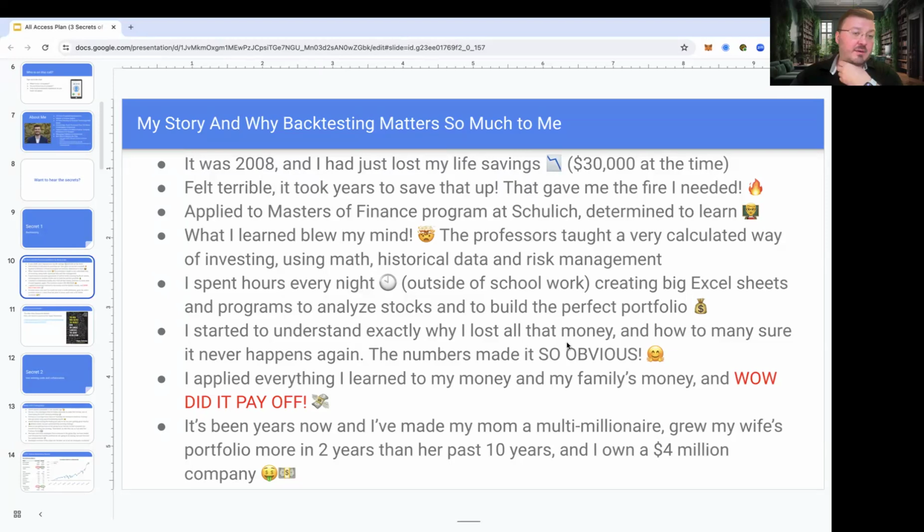This Lumi Wealth, we're actually looking to get investors right now, and we're looking at a valuation of around 8 million bucks. We'll see if we actually get that in our next round. But essentially, money problems are not really existent anymore. Things have changed quite dramatically from these times back in 2008. And I attribute it all to this back testing that I did back in the day. It really made a huge difference.